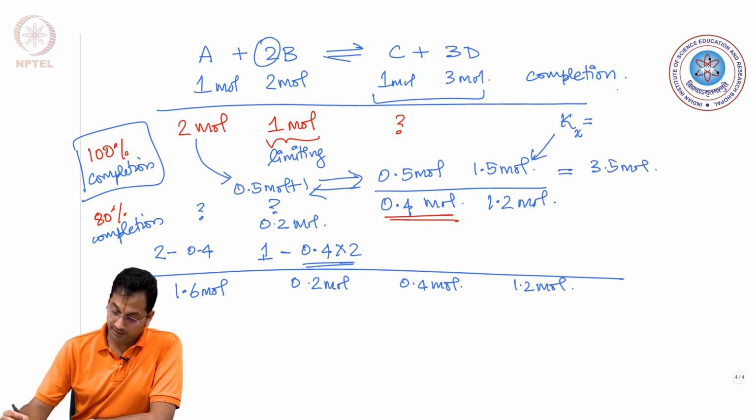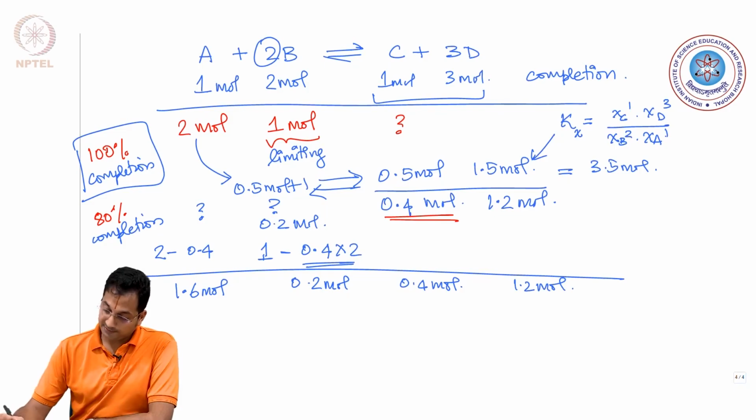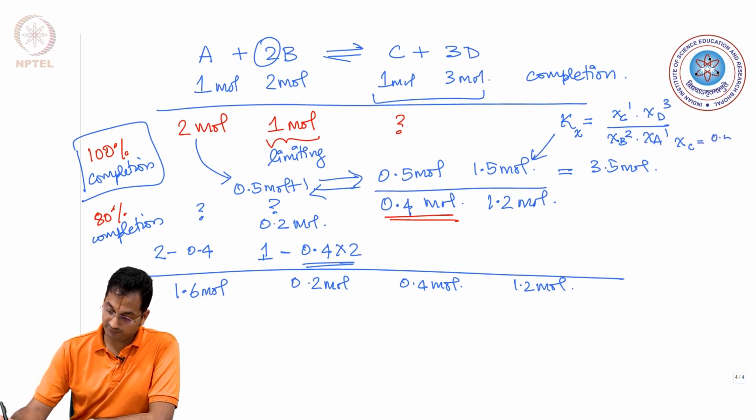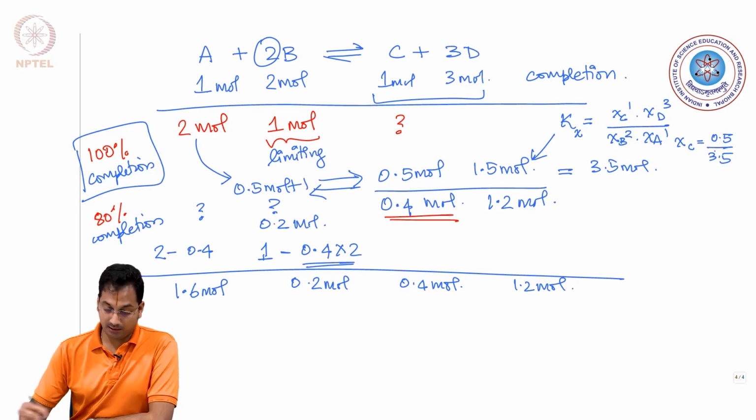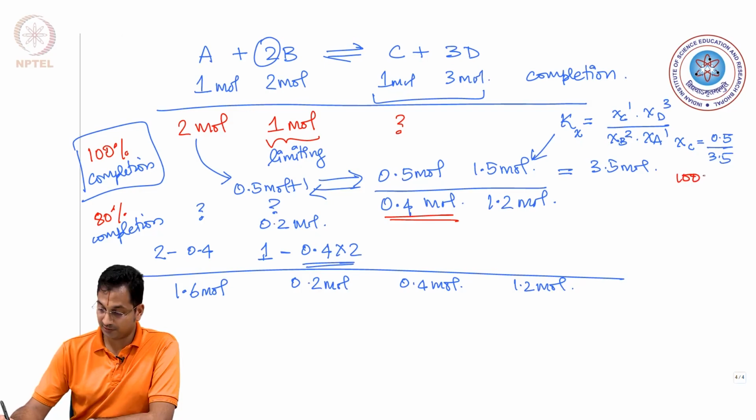Then your K chi is going to be given by chi C to the power 1, chi D to the power 3, divided by chi B to the power 2 and chi A to the power 1, right. So, now, what is chi C in this case? Chi C is going to be given by 0.5 divided by 3.5. Once again, what I am assuming here is that this is the equilibrium constant for the 100% completion.